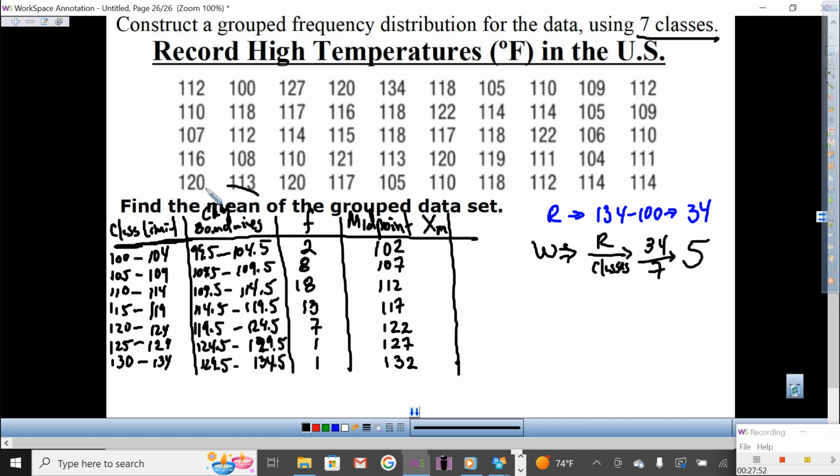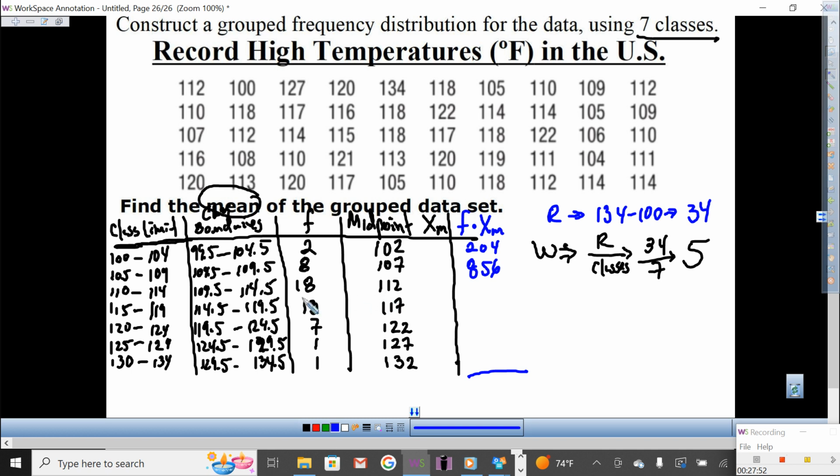To find the mean of the grouped data, pay attention to this part. We're going to need to multiply the frequency times the midpoint of each, and then find the mean of the entire column. So here we go. 2 times 102 is 204. 8 times 107 is 856. 18 times 112.